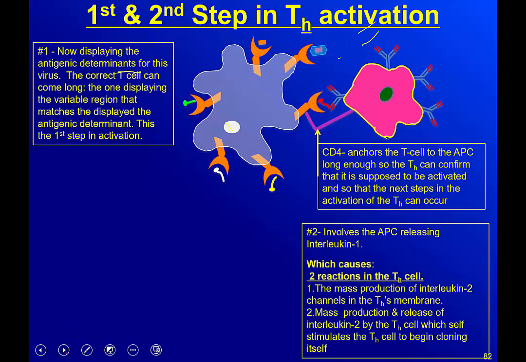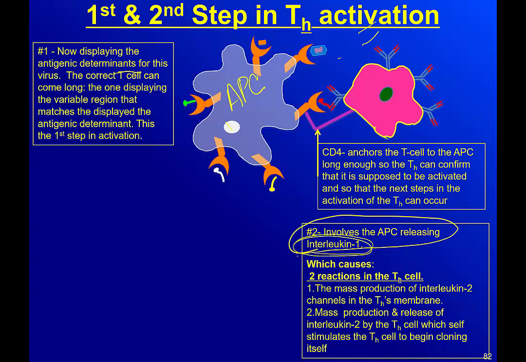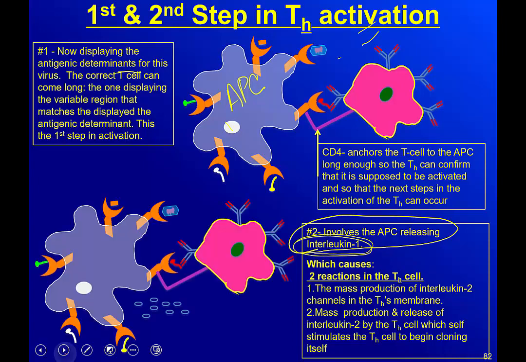So the next steps involve the antigen presenting cell, the APC, releasing interleukin 1, which is a chemical signal. It makes interleukin 1, and it releases it across to my helper T cell.